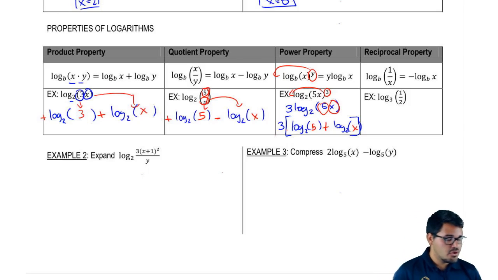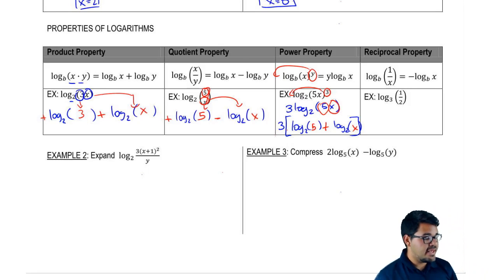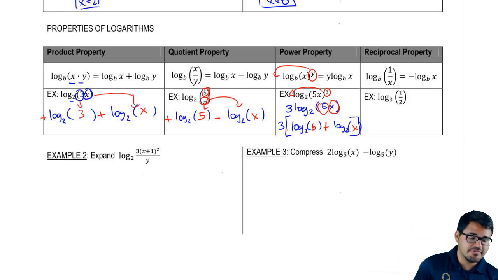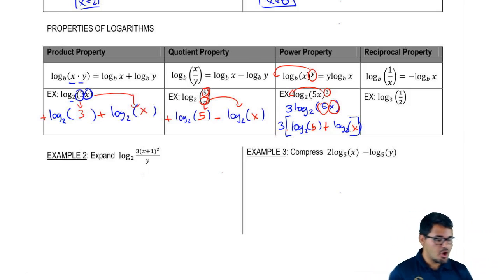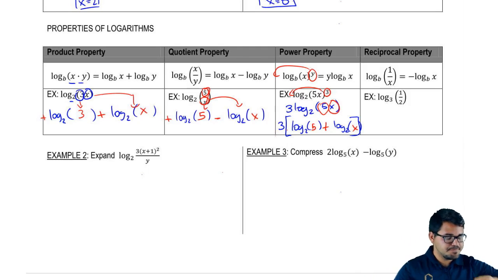Now we're going to talk about when we have a negative log. All right? So here, all we're going to do is apply the rules of exponents, which still apply to this.